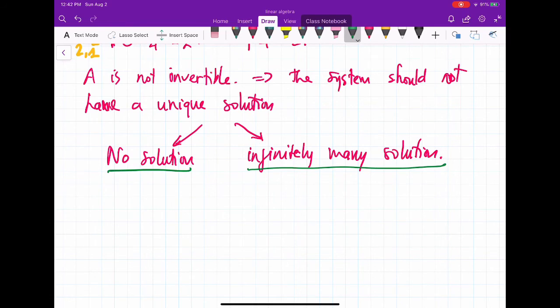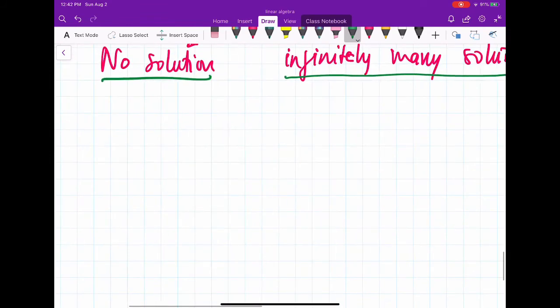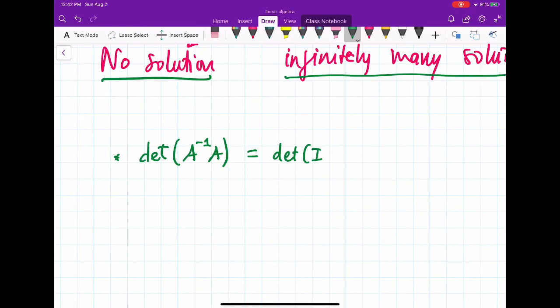Okay, now we didn't say anything about the determinant of an inverse, right? But it is also pretty easy. If A is invertible, right? So we have A to -1 times A, so this is the determinant of the identity, which is 1. Is that correct?